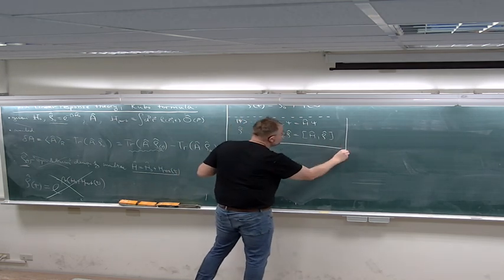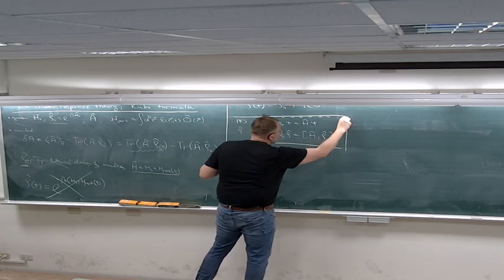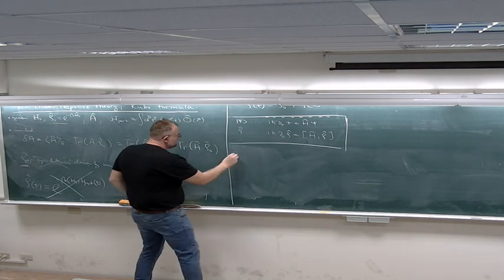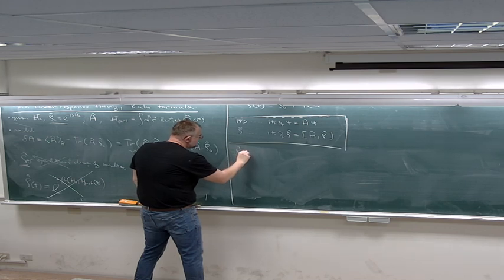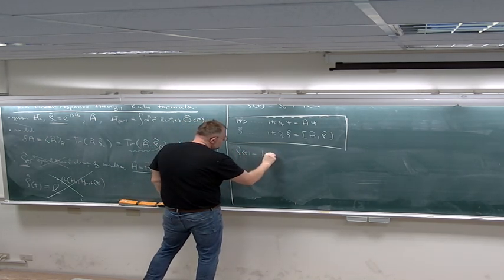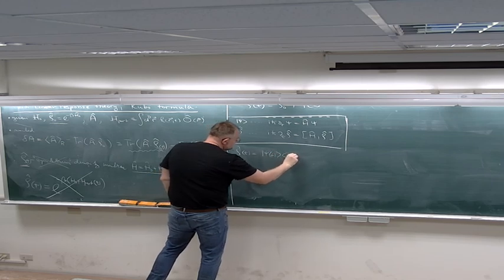Are you familiar with what I'm writing here? Do you see that this is the correct way to do it? It's very easy to see, because we can write that the density matrix at time t is nothing else than the state psi at time t times psi at time t.